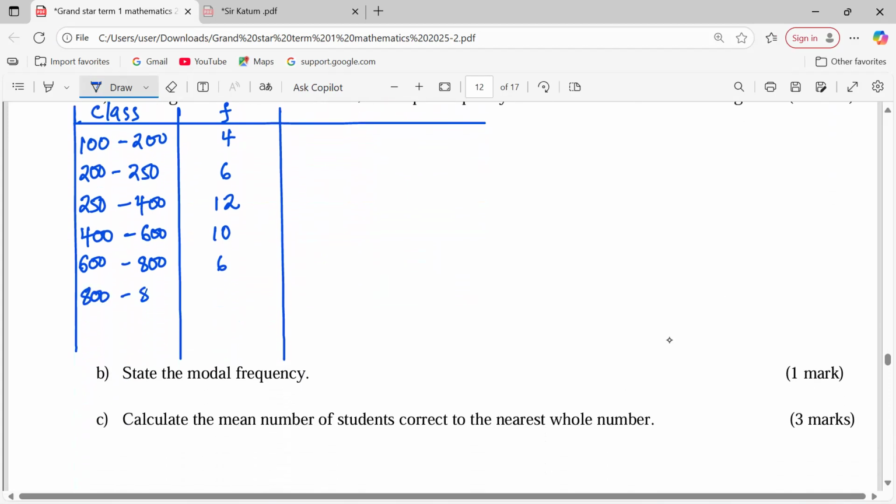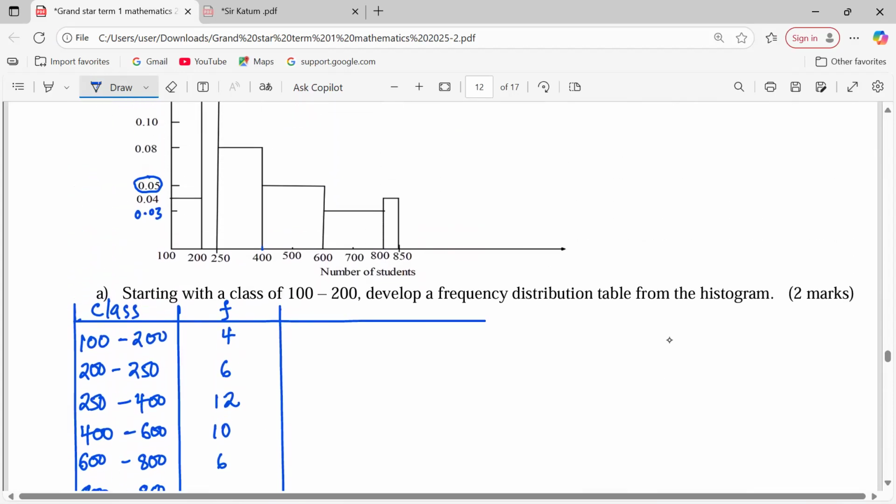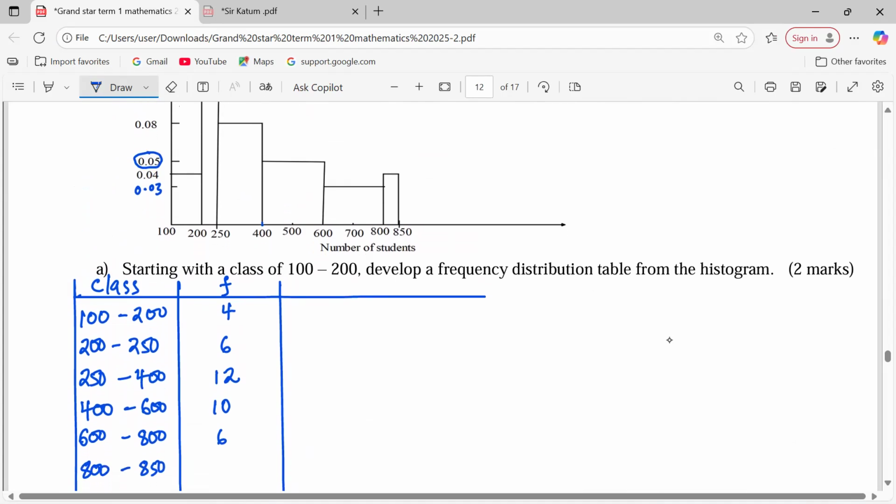Then from 800 finally to 850, that gives an interval of 50. The height there is 0.04. So 50 times 0.04 gives us exactly 2.